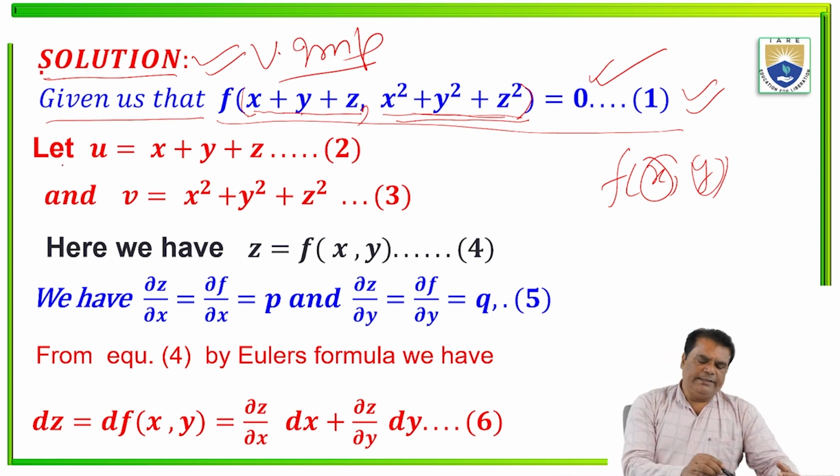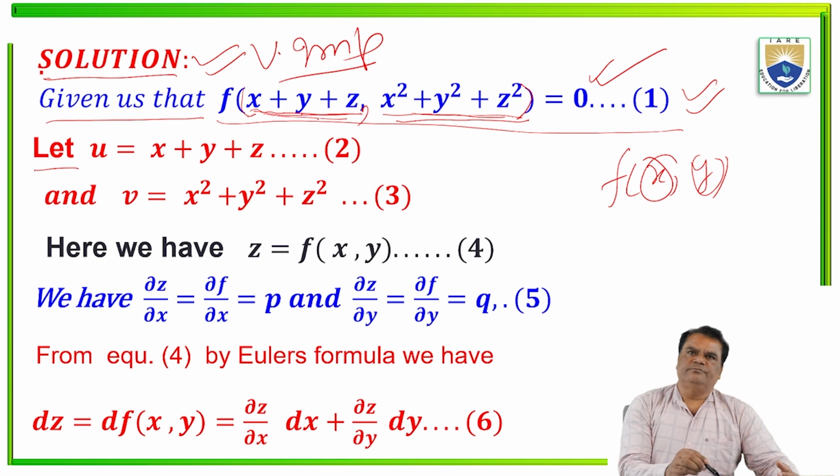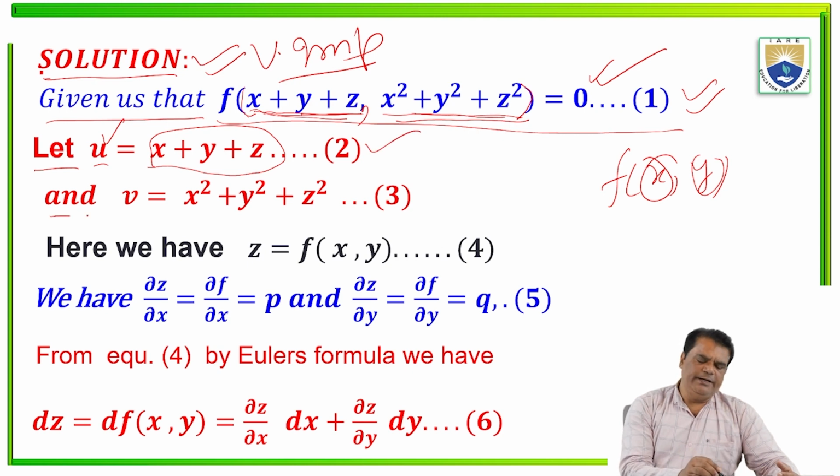Now let x plus y plus z equal to u, this is equation 2. And x square plus y square plus z square equal to v, this is equation 3.